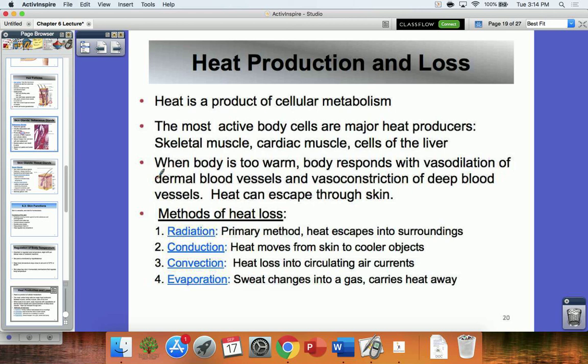And the very last one is evaporation, where, when we do get overheated, those sweat glands are activated. When those sweat glands are activated, we have now water on the surface of our skin. When that water evaporates, it causes a cooling effect, and heat is then carried away.